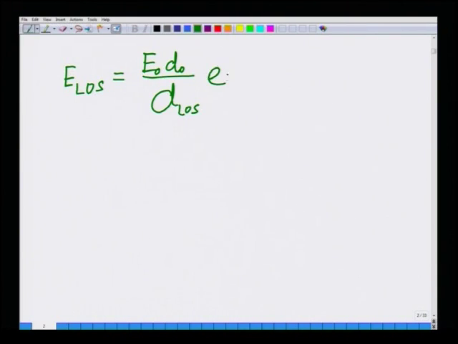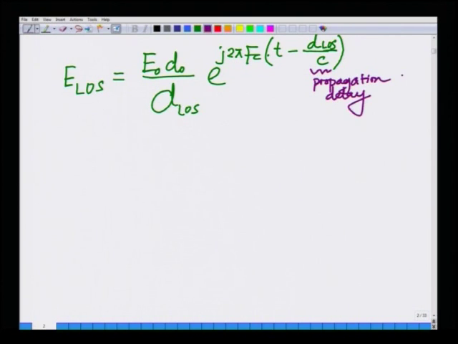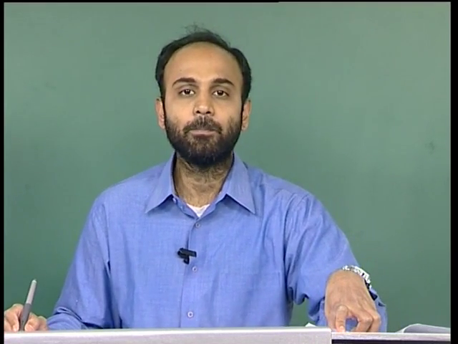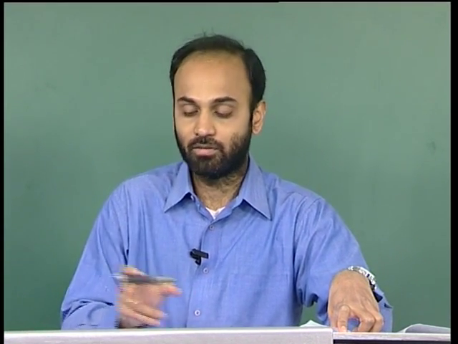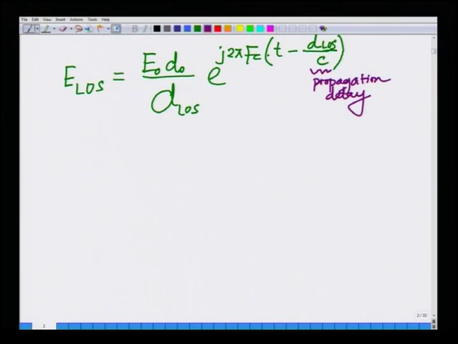And the phase factor, of course, which is the most important thing, is given as 2 pi f c times a function of the propagation delay arising because of the distance. This is simply the propagation delay which results in the phase difference at the receiver, that is the phase lag at the receiver compared to the transmitter.